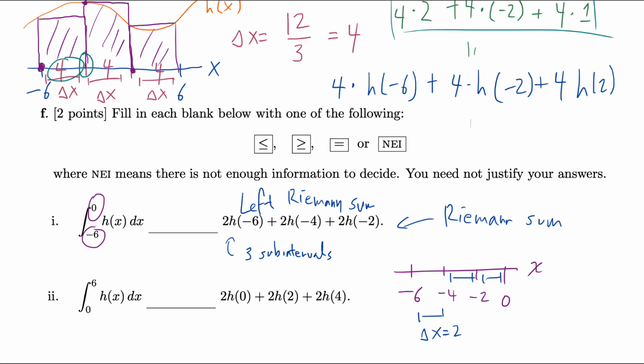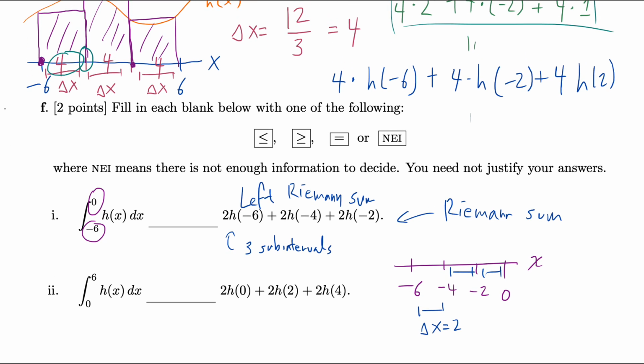Let's similarly look at what's happening in the next part. For the next part, we're going from 0 to 6. And you're looking at h at 0, h at 2, and h at 4 here. So again, using a similar interpretation, we're using 3 subintervals, and this is also the left Riemann sum.